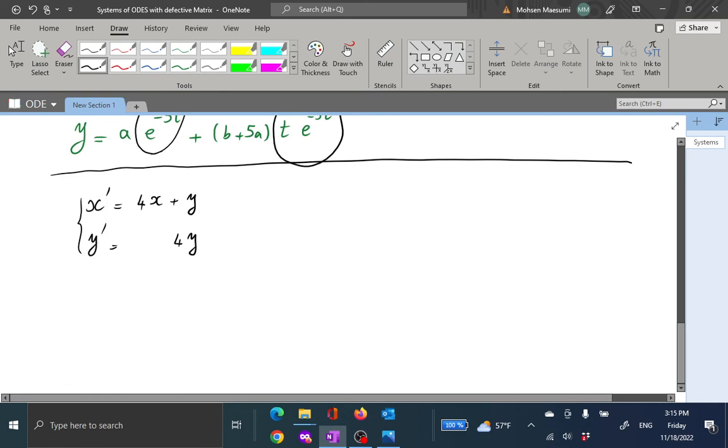Okay, you might say, well, we have done a dozen of these things. How is that any different? Well, let's go see. I have a matrix which is 4, 1, 0, 4.